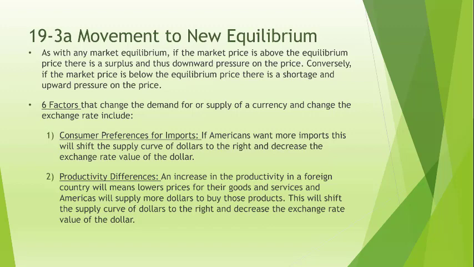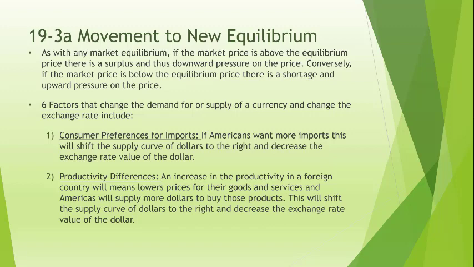So what are the factors that are going to shift these curves around? So one, consumer preferences for imports. So in other words, the more imports that Americans want, the bigger is going to be the supply of dollars into the foreign exchange market, basically to convert those into currency in order to buy those imports from abroad.